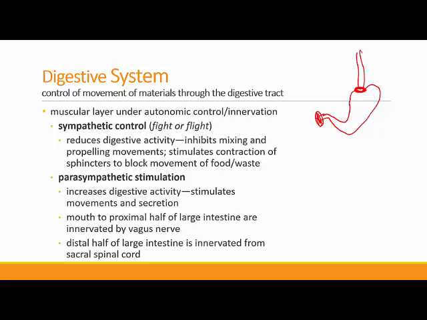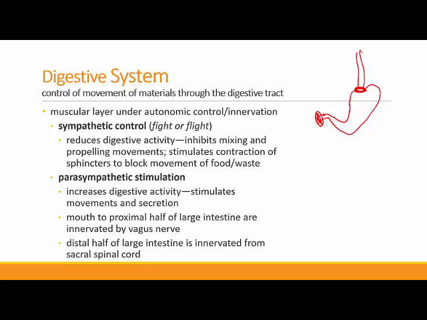Under rest and digest stimulation, though, we see increase in propulsive and mixing movements, and increase in stimulation of the secretion of the digestive tract. So we see lots and lots of activity under parasympathetic stimulation.